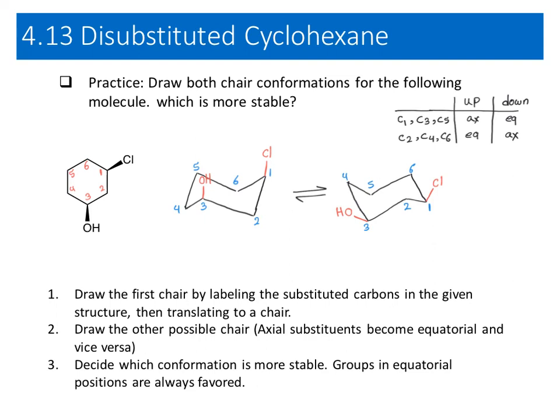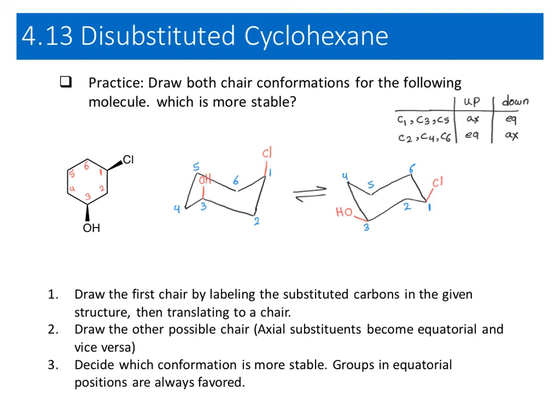Now which one is more stable? Obviously the second one, because both groups are in the equatorial position. So they don't have any 1,3 diaxial interaction as these two groups have here. So they are completely separated from one another. However, here they have 1,3 diaxial interaction.